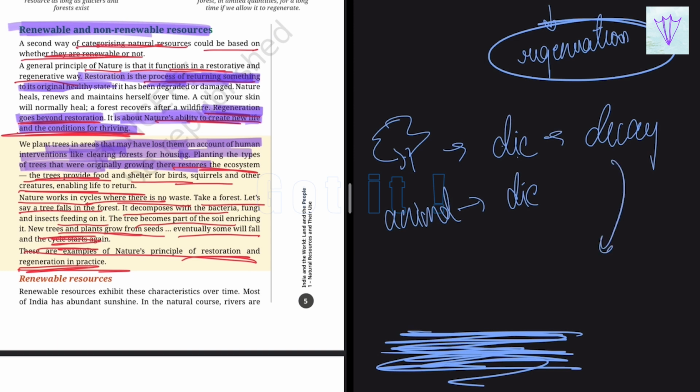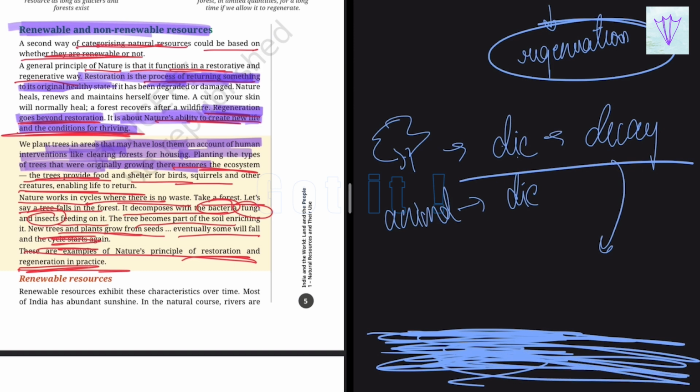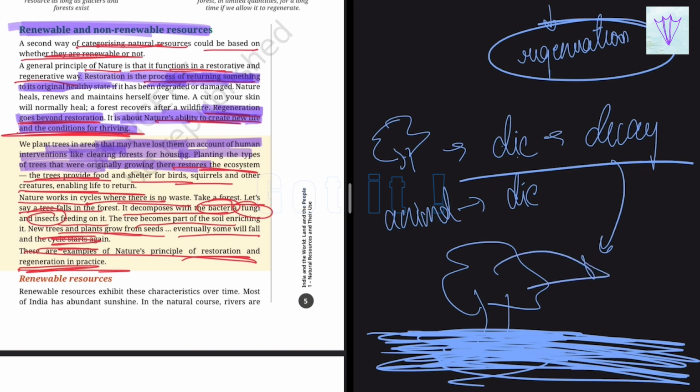These will be decomposed with the help of bacteria, fungi, and insects feeding on this dead and decayed matter. And then whatever is decomposed acts as a fertilizer, because the soil will become more fertile because of the minerals and nutrients present in it, and it will aid the growth of the tree. And thereafter the cycle will again continue.